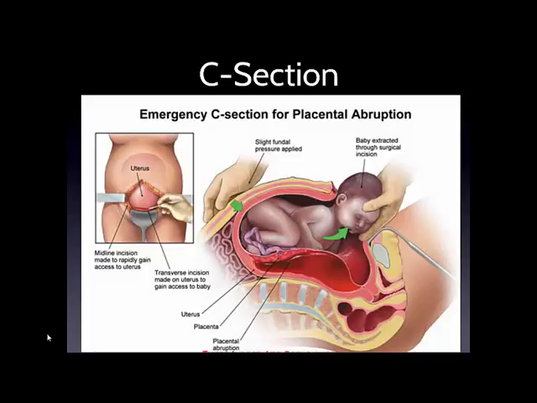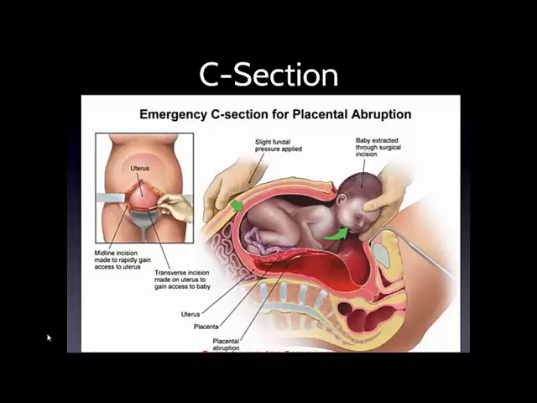Sometimes, what we would call a natural birth is a vaginal delivery. The mother goes through labor and pushes the baby out through the vagina. That's a vaginal birth, and that's the preferred type of birth. But there are times when, for various reasons, the fetus might be in distress.